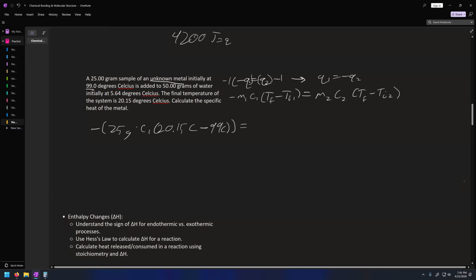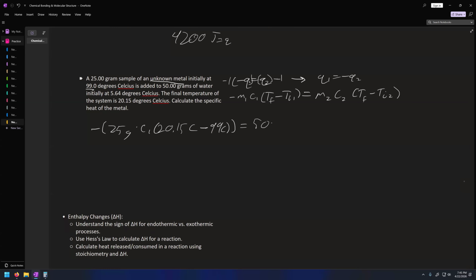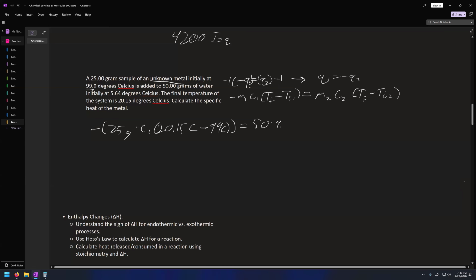So we set that equal to the mass of the water. We had 50 grams of water times the specific heat capacity of water. It isn't listed here. I'll double check to make sure I listed it on your exam. I don't expect you to memorize it, but it is 4.184 joules per gram Celsius. I feel like we've done so many of those problems that you guys have accidentally probably memorized it.